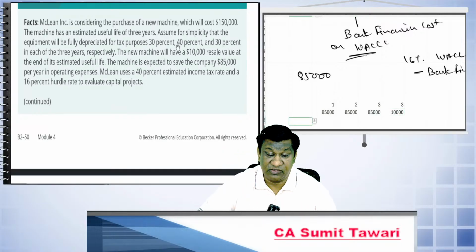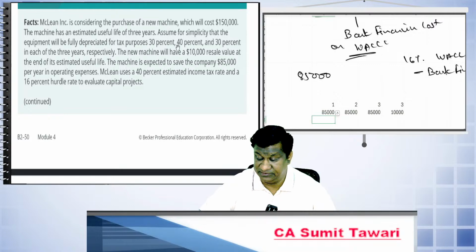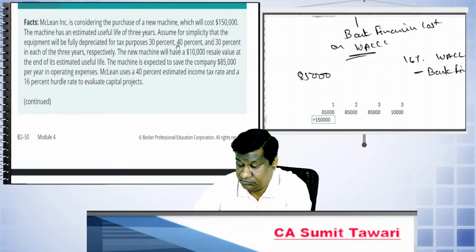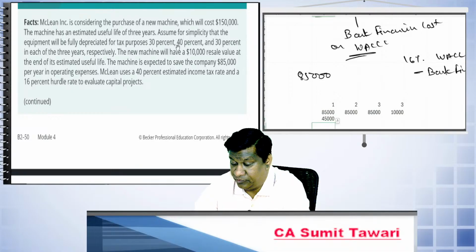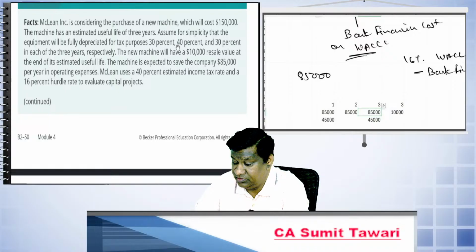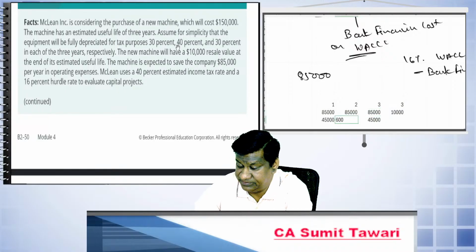Then my cost is 150,000 fixed asset, which is depreciated at 30%, 0.3, so 45,000, 45,000 and maybe 60,000 like this.